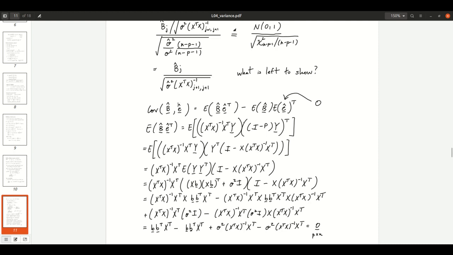And it turns out that we know that the residual vector has a multivariate normal distribution, and the regression coefficient estimator has a multivariate normal distribution.